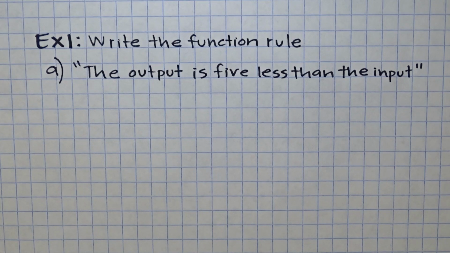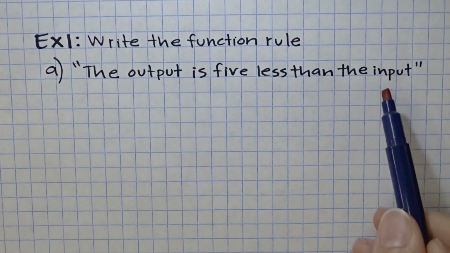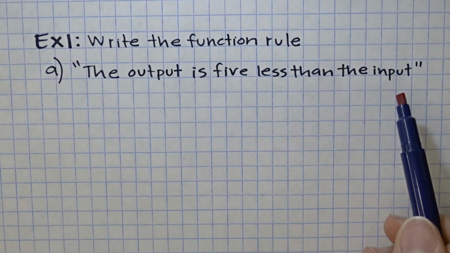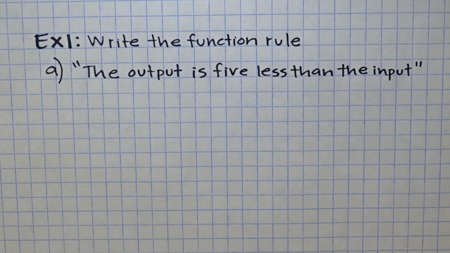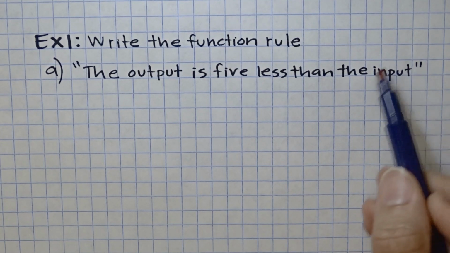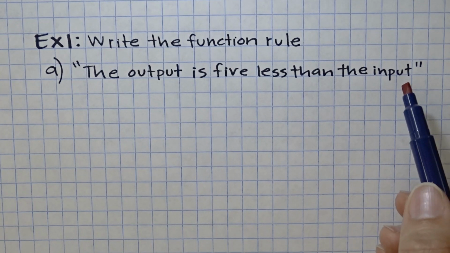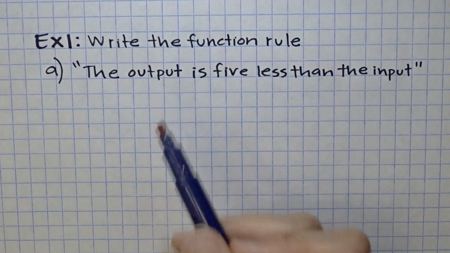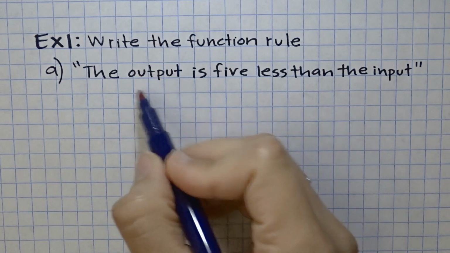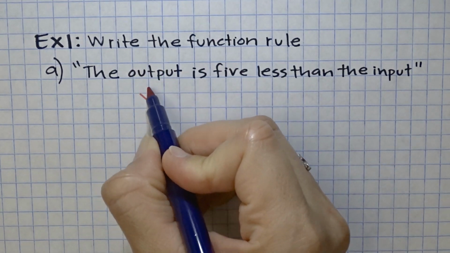Now let's remember that the output is our y coordinate, or our y value, and the input is considered our x coordinate, or our x value. Because in any equation, it's always the x coordinate that gets plugged in, and then after the math is done and calculated, your output is your y. So we're going to understand this output is going to be my y.